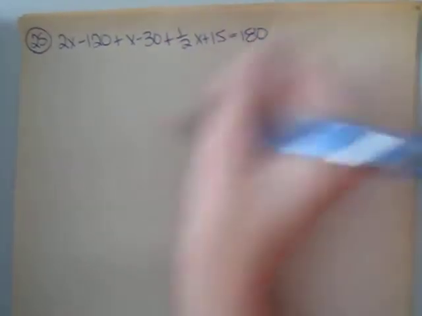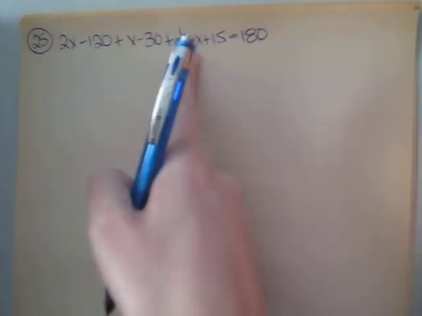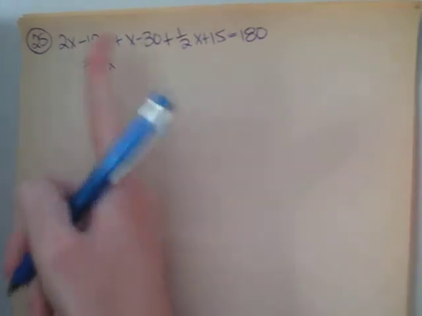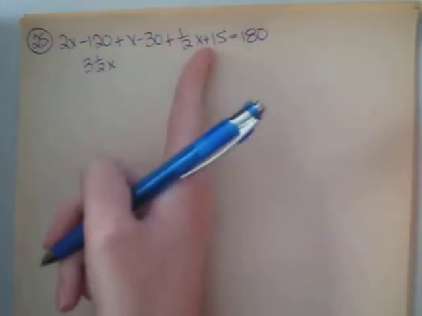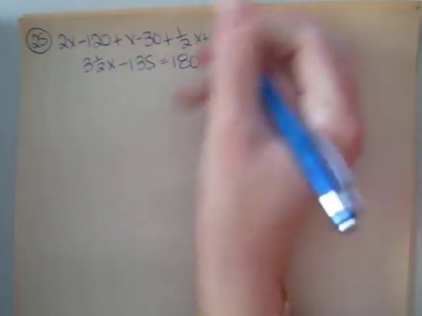So I have one angle is 2x minus 120, another angle is x minus 30, and the last angle is 1/2 x plus 15. And that all equals 180. I have 2x plus 1/2 x is 3.5x. Negative 120 minus 30 plus 15 is negative 135, equals 180.